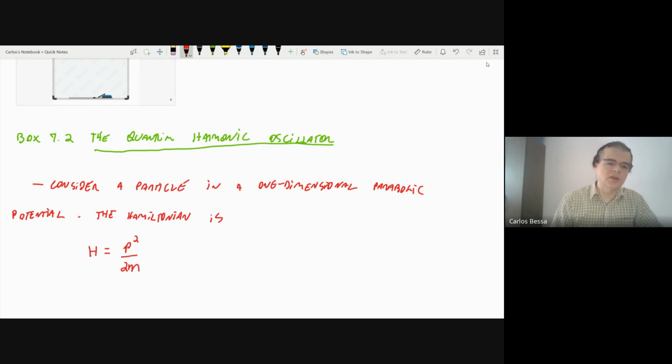This is the kinetic term, plus the potential, 1/2 m omega squared x squared. P here is the particle momentum operator.